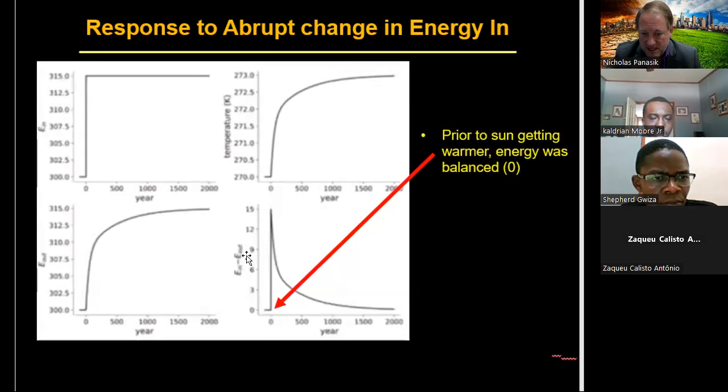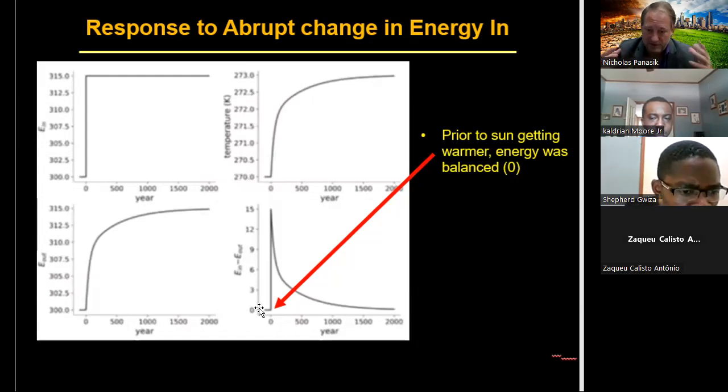So here's energy in minus energy out. And so what we see is at time 0, the two were balanced. The energy in minus energy out was 0, because 5 minus 5 is 0. So since they were equal, it was balanced. And then there was this sudden change where energy in was much greater than energy out. And slowly, as the energy out increased, this imbalance started to decrease.